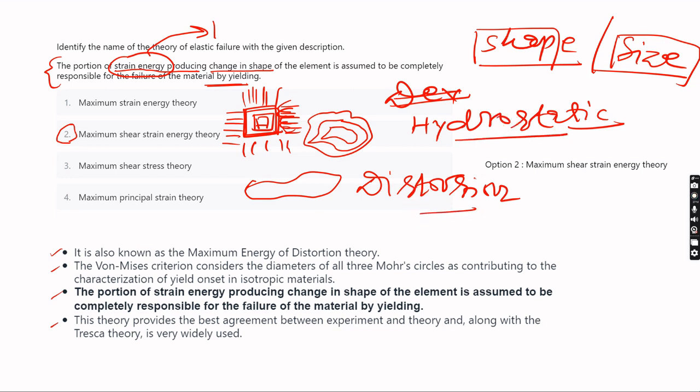Distortion is changing the shape, and hydrostatic is changing the size. So don't get confused about this, and keep it in mind. Whatever energy you put into the body, there are always two parts of that energy, hydrostatic and distortion. Hydrostatic means you are putting equal pressure at every point on the surface of the body.